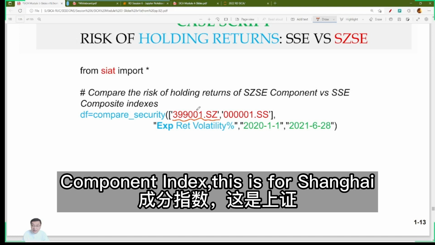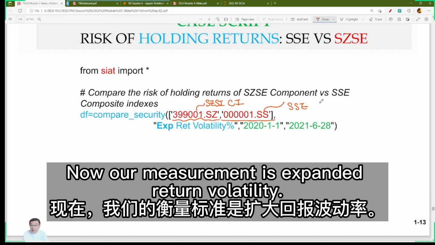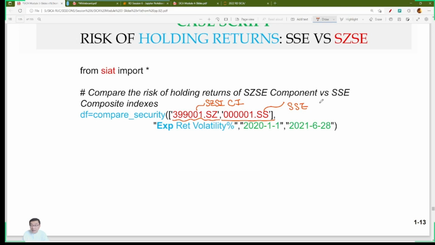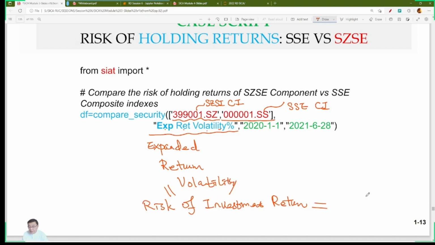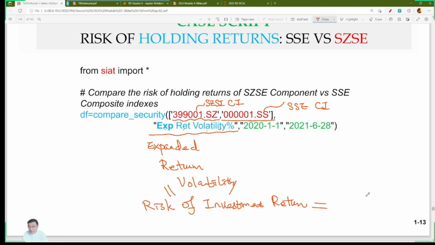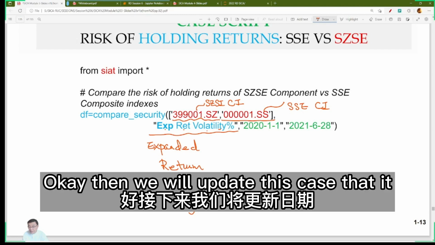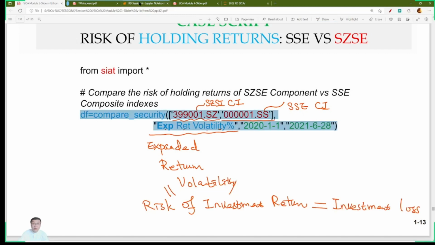This is for Shanghai Composite Index. Now, our measurement is expanded return volatility, and we can call it investment risk or investment loss, the risk of investment loss, right? Then we will update this case study to this year. Well, we can do it together.